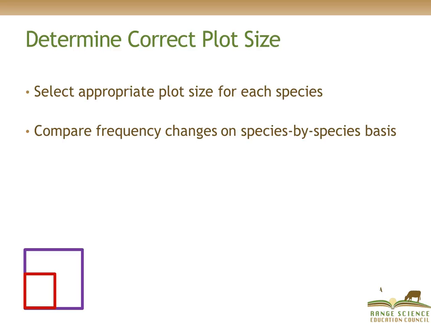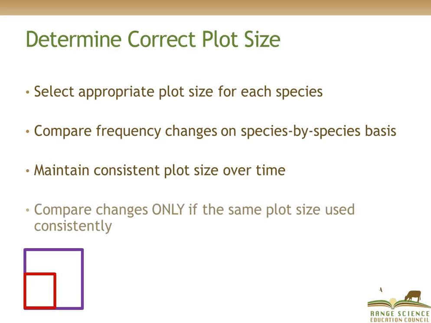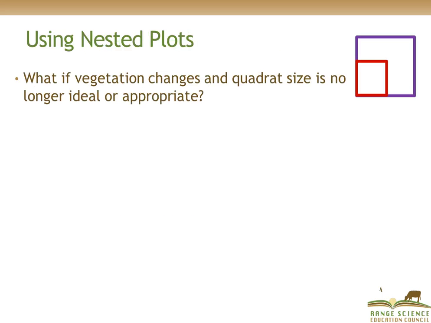We need to maintain a consistent plot size over time, and we compare changes for species only if the same plot size is used consistently. So what do we do if the vegetation changes and the quadrat size is no longer ideal or appropriate?